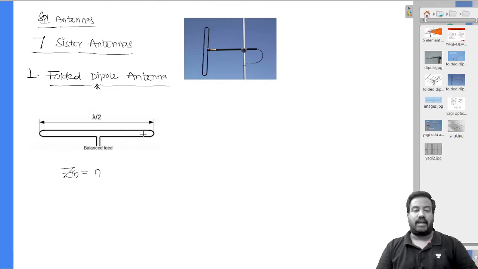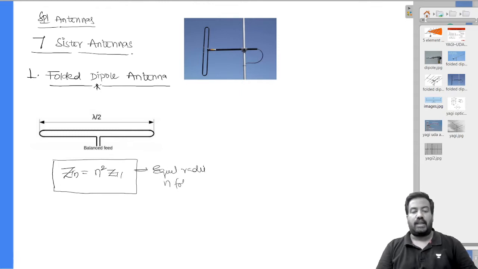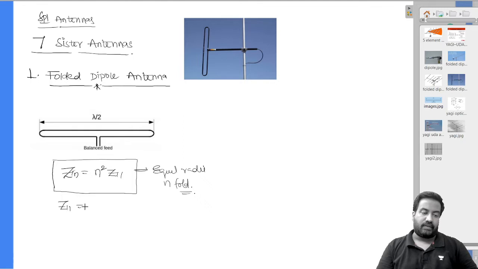of course for equal radii of these conductors, is given by n squared times Z11. This is for the n-fold equal radii concept, where Z11 is the input impedance of a half wave dipole, which is the standard 73 ohm.